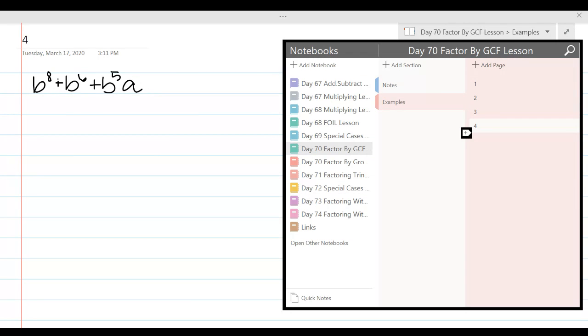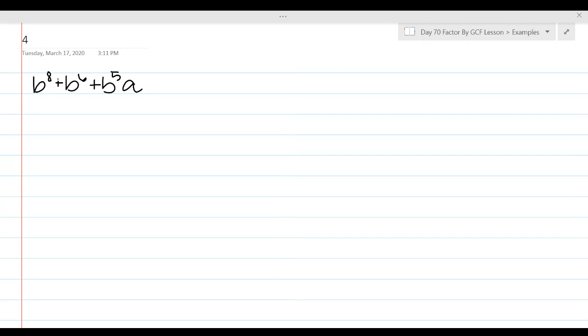Okay, let's look at our last example. So take a second. What looks different about this one than the other ones we've looked at? You should notice that there are no coefficients. So we're only dealing with variables.